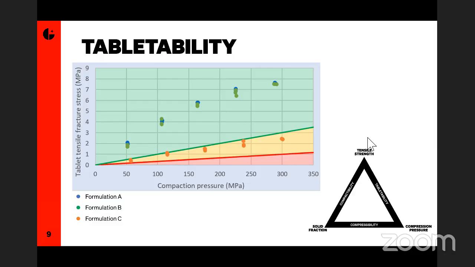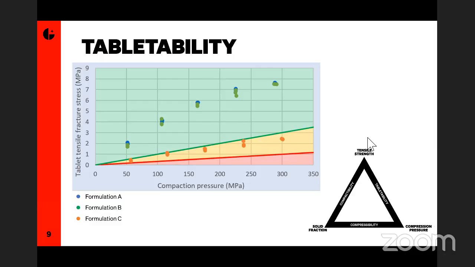Whether you are looking at optimizing a formulation, or whether you're comparing, say, different samples of the same excipient, say from different sources, or any kind of investigation, the tabletability profile will give you useful information on how strong your tablets are. This gives you a way to assess and compare, say, different formulations or different samples to see which will give you the strongest tablets.